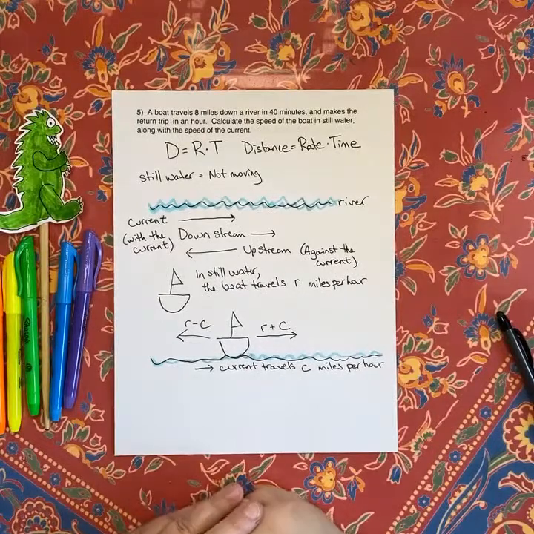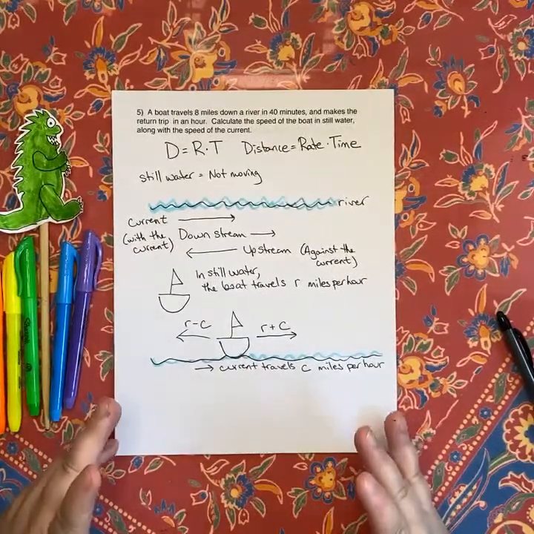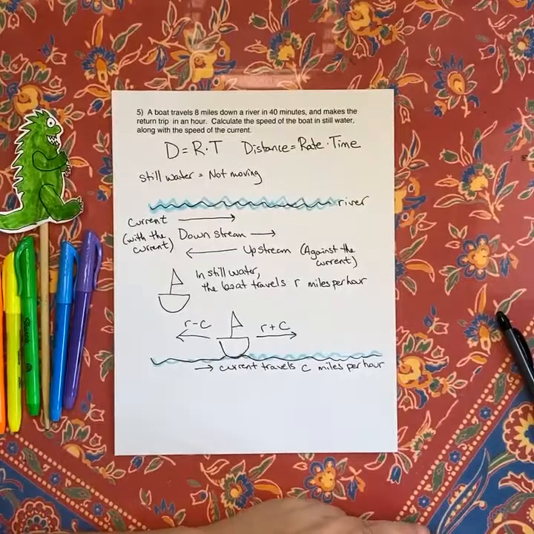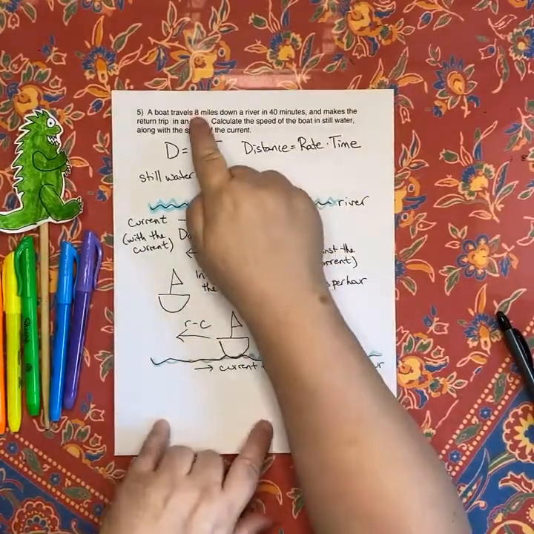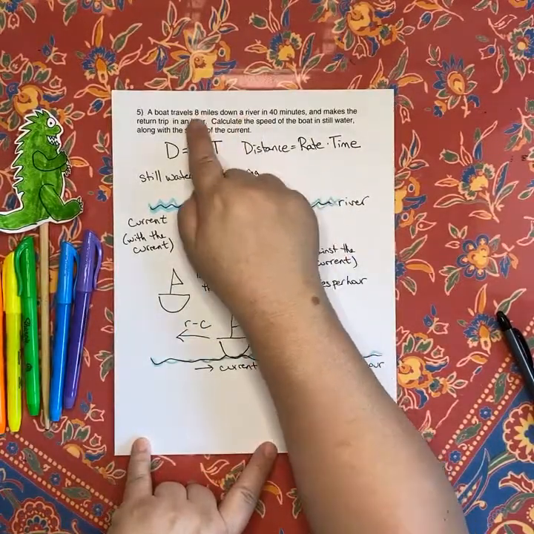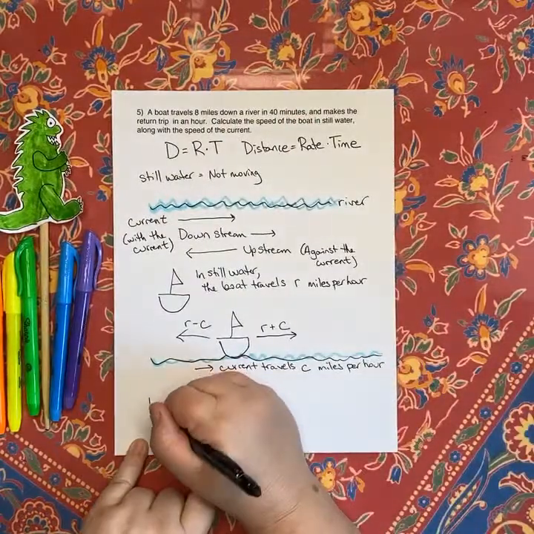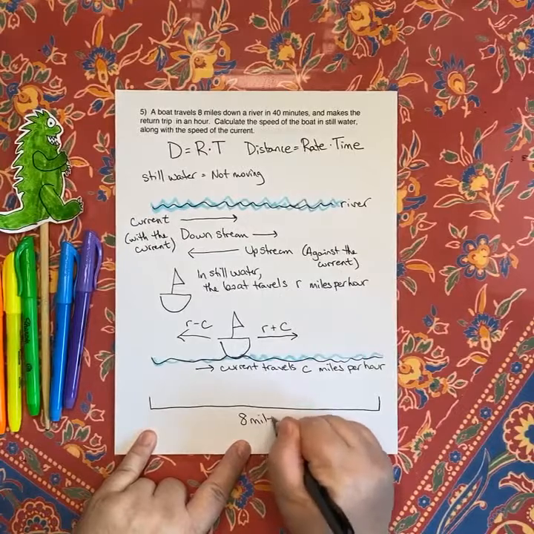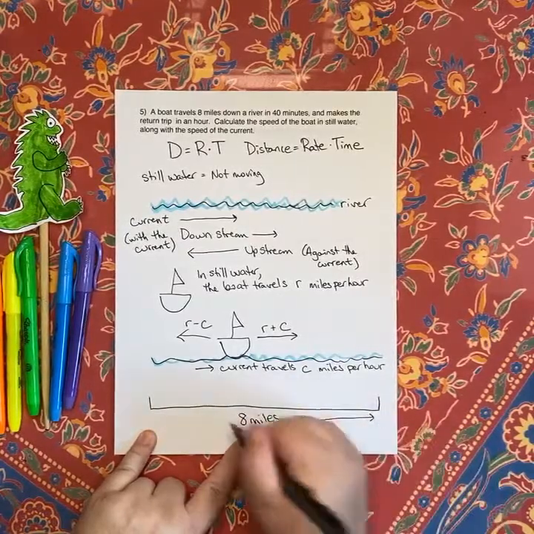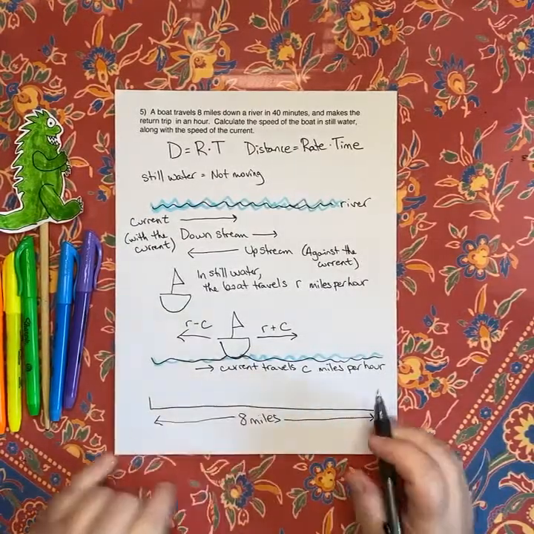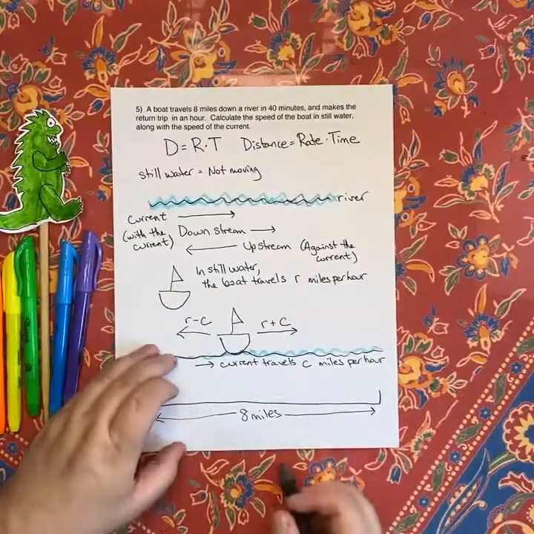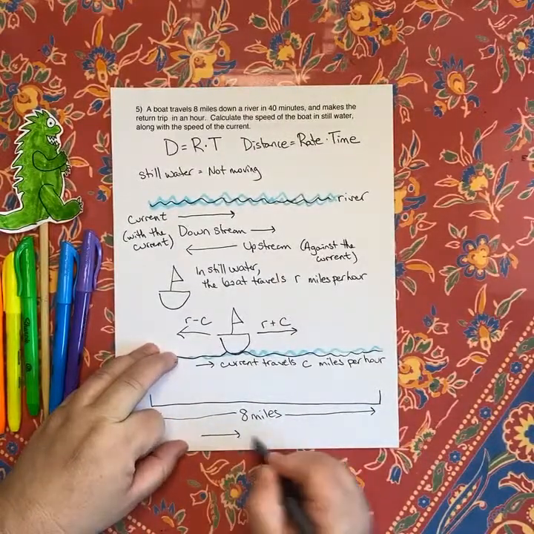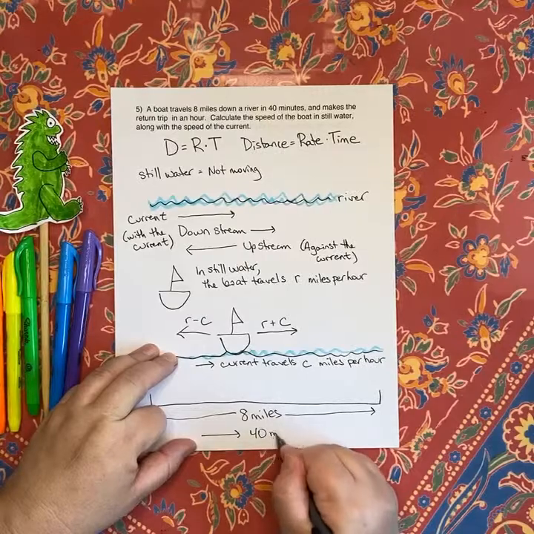Okay, so I've got this set up, and then what other things do I know? I know that the whole distance in this problem is 8 miles. And I know that traveling down takes 40 minutes.